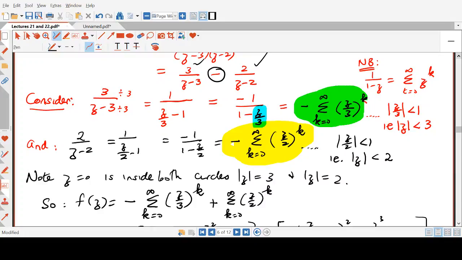So that minus there, subtract this down here. So now, in this problem here, you've got two things. You've got the radius 2 and the radius 3.